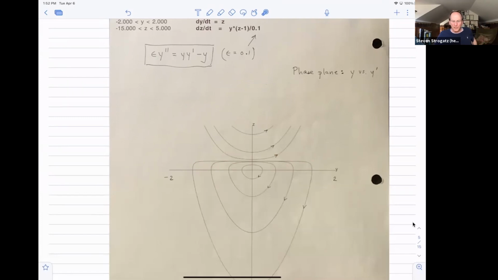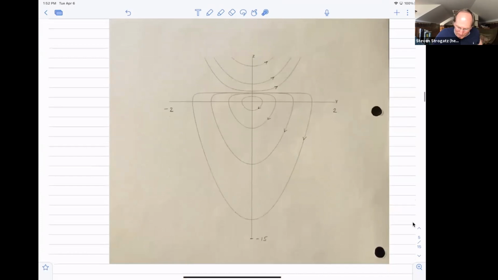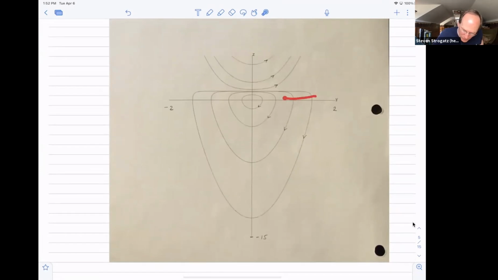Whereas the inner region, where the variations are rapid, corresponds to a big swath of the phase plane. But that's because the variable x is not being shown in this picture. This is the YZ plane. There are rapid variations with respect to x in the layer, and you're not seeing that. What's really happening is that this part of the picture is very fast.